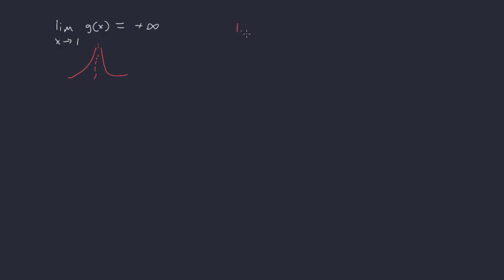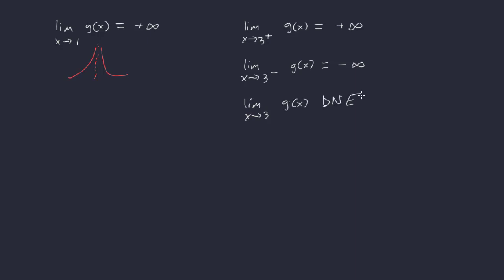So we will want to write both sides here: the limit as x goes to 3 from the right of g of x is positive infinity. However, the limit as x goes to 3 from the left of g of x is negative infinity, and that means that the two-sided limit of g of x does not exist. However, it's good to have both of these because this tells you what's happening on either side.